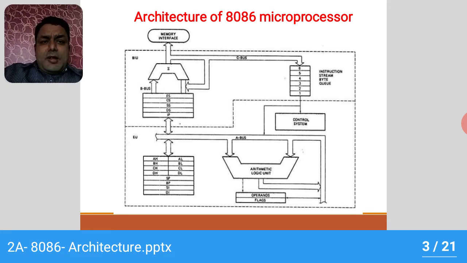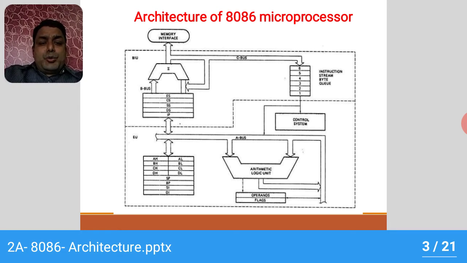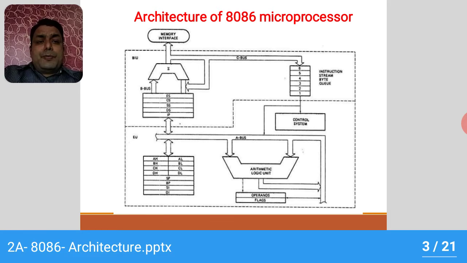As you can see in the diagram, the 8086 CPU is divided into two independent functional parts, that is the bus interface unit BIU and the execution unit EU.